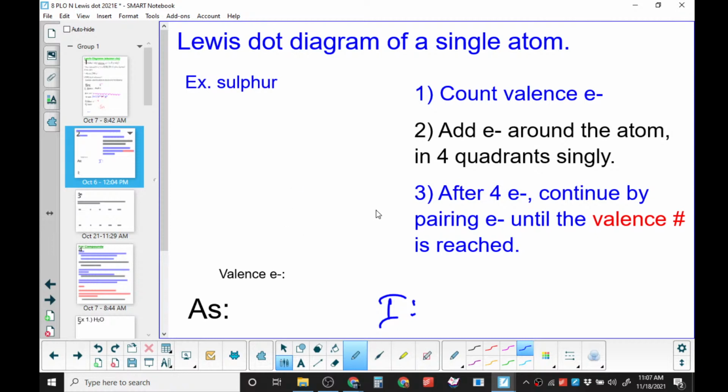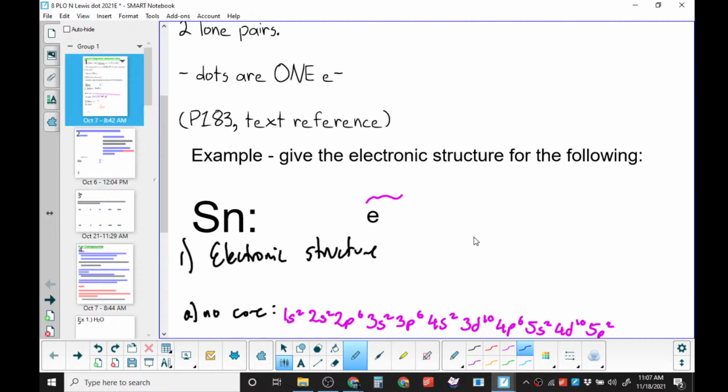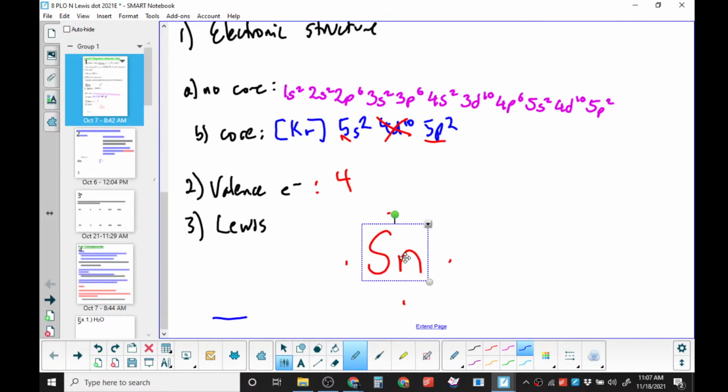No, because if I go back, my mouse is not cooperating. There it is. If we go back, I'm going to flip back for a second. If we did tin here, right? And let's pretend I actually did do Sb, so we have some differences in it.